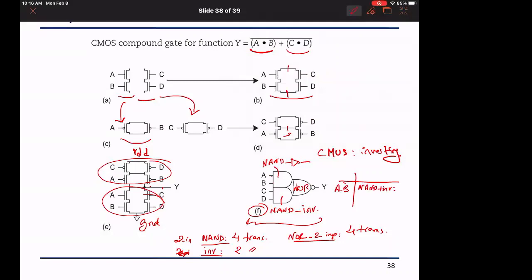This would be 4 plus 2, 6, right? And then for C and D, I need NAND plus an inverter, it's another 6, right? And then for the final NOR, I need 4, so this becomes equal to 16 transistors, right?